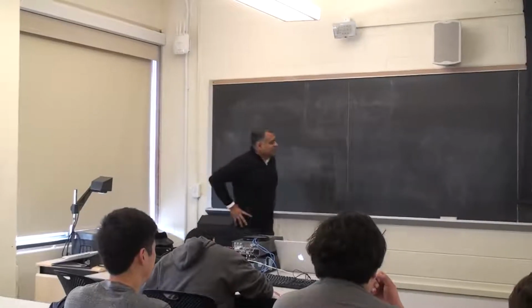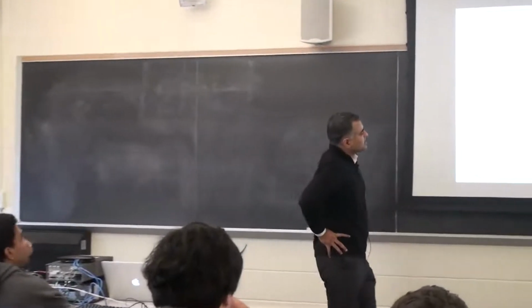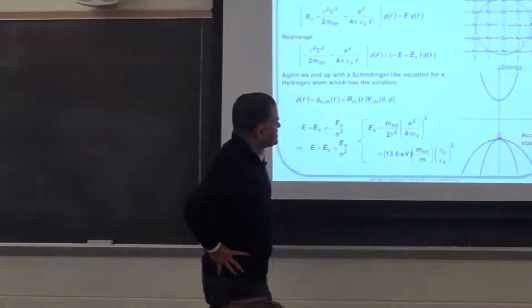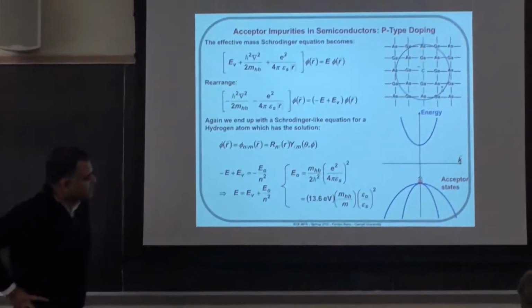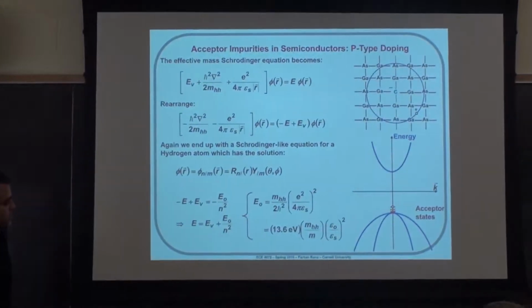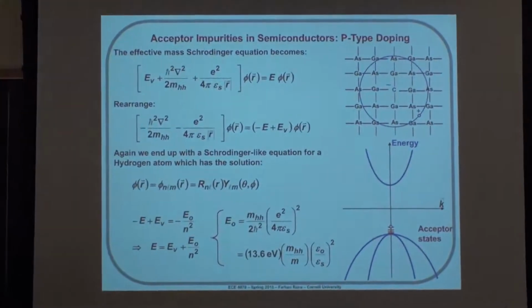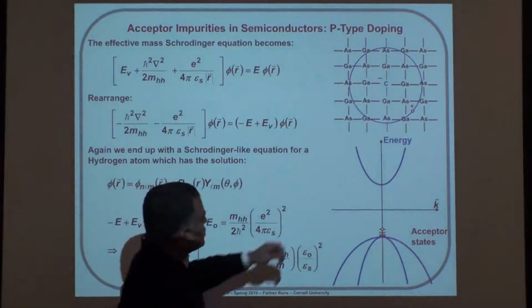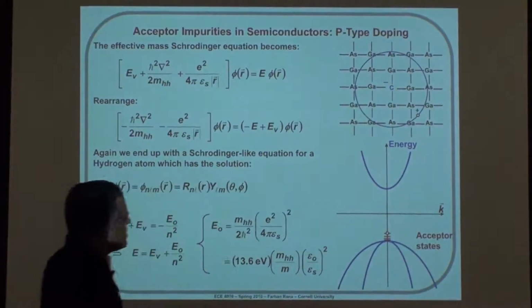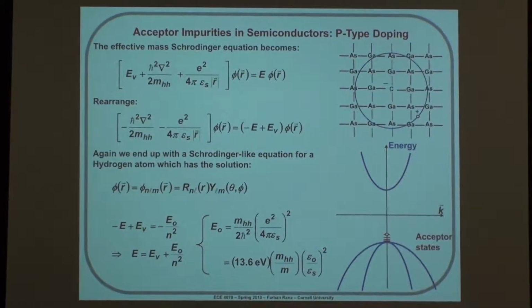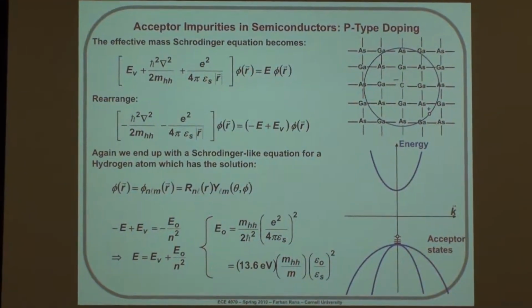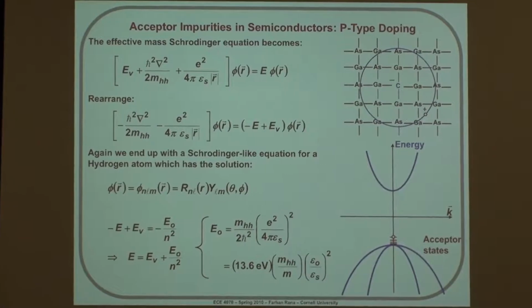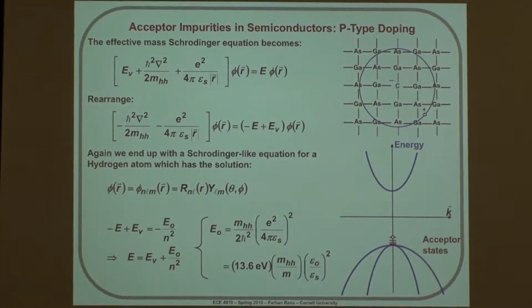See, in the last class, what we managed to do was develop this effective mass picture for semiconductor heterostructures and nanostructures. And we showed that if we have a single dopant atom in a semiconductor crystal, then that problem in the effective mass theory becomes equivalent to a hydrogen atom problem.